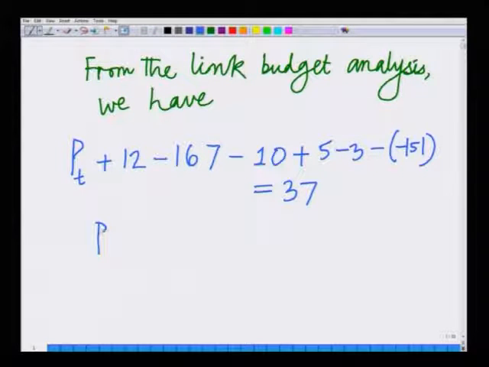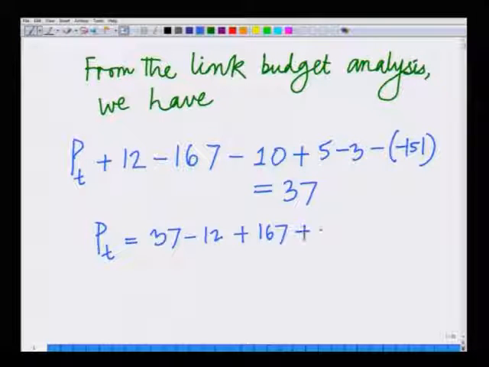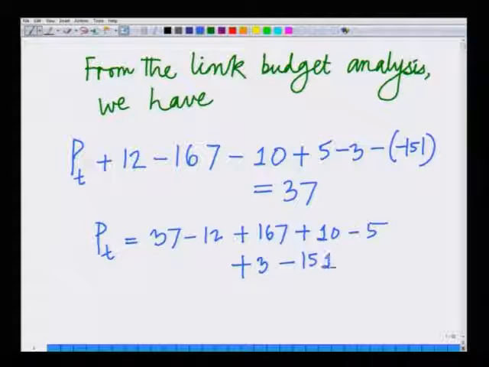And now the required transmit power can be computed as 37 minus 12 plus 167 plus 10 minus 5 plus 3 plus 151, which is equal to 49 dB watts.